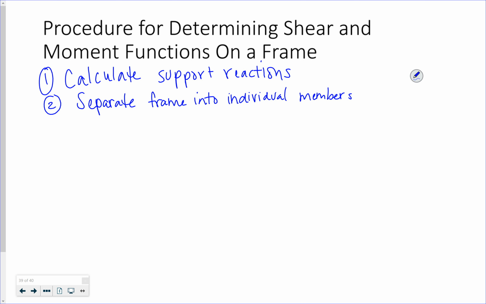And then you got to separate each member into different sections based off of if you have any load discontinuities.